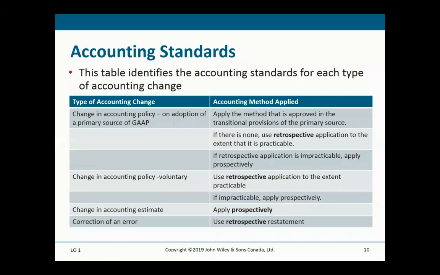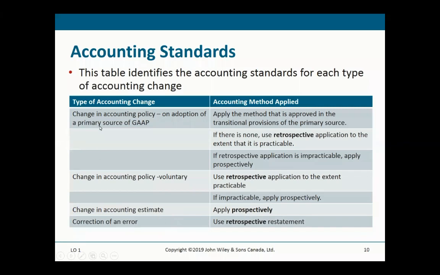Obviously, our assets and liabilities have to be appropriate based on the balance sheet date. So there will be potentially some true ups or some adjustments to income in the current period that result from fixing up prior period estimates, like the example I just gave with the lawsuit. That's all considered prospective treatment.